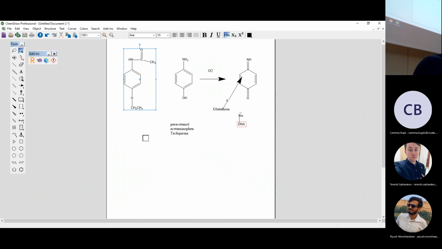And the chemists prepared big quantities of this compound for the patients in the hospital.